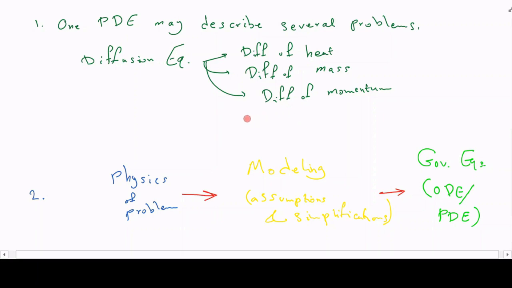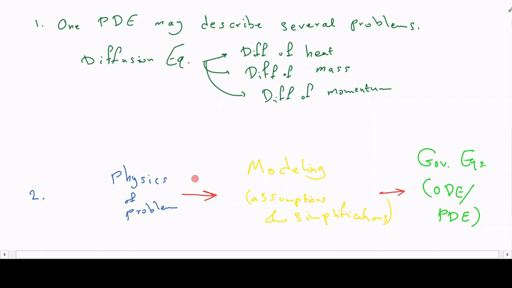So it's really powerful. And number two, you may ask where the partial differential equation comes from in the first place. For example, how can you derive the diffusion equation? And so the answer is that for most of the problems that we are dealing with, there is an underlying physics that describes how the system behaves.